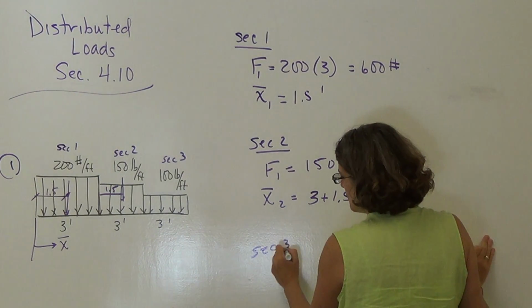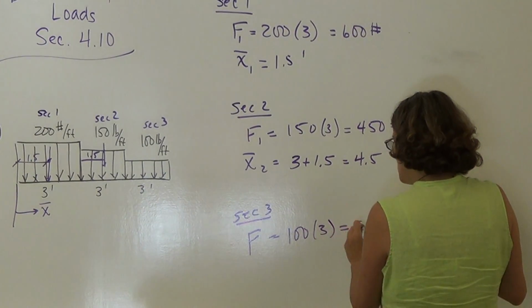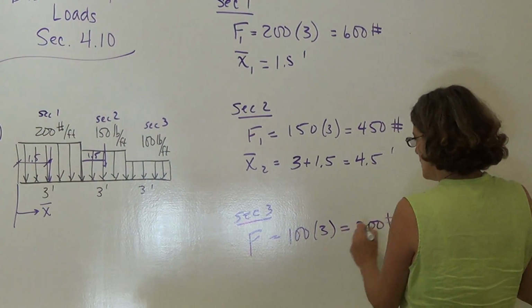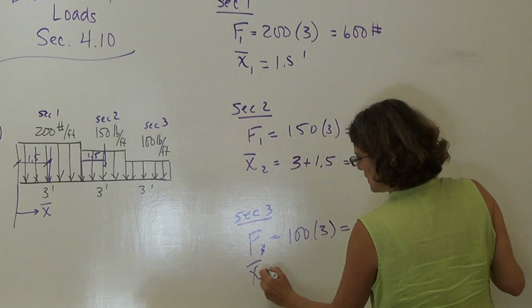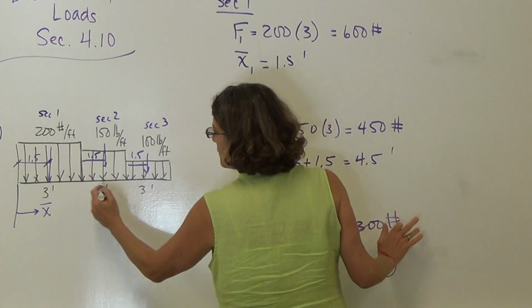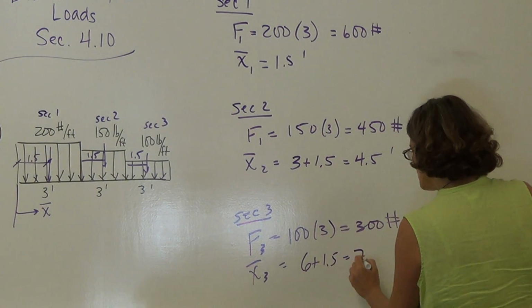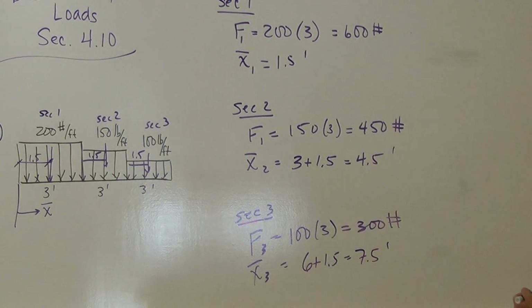And then section 3, our force is 100 times 3, 300 pounds. And our x bar 3, we know is going to be 1.5 here, but we've already gone 6, so it's 6 plus 1.5, so it's 7.5 feet.